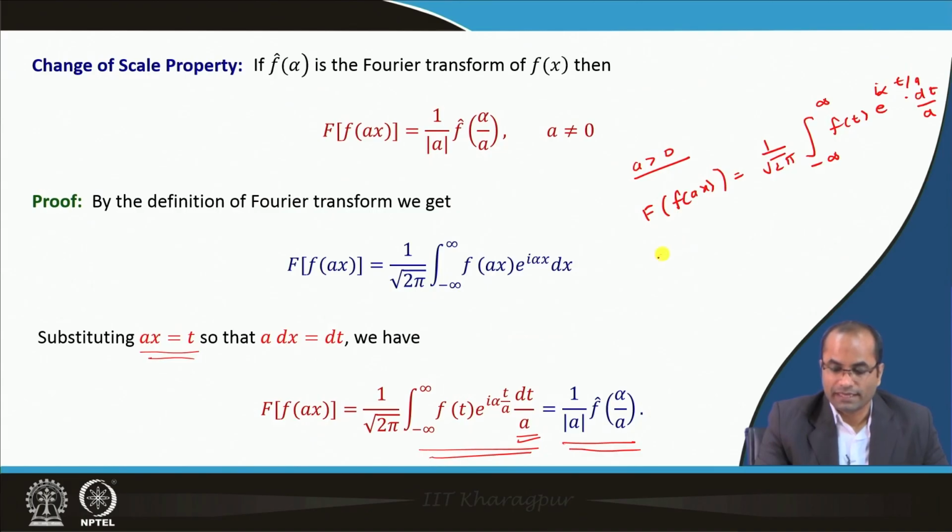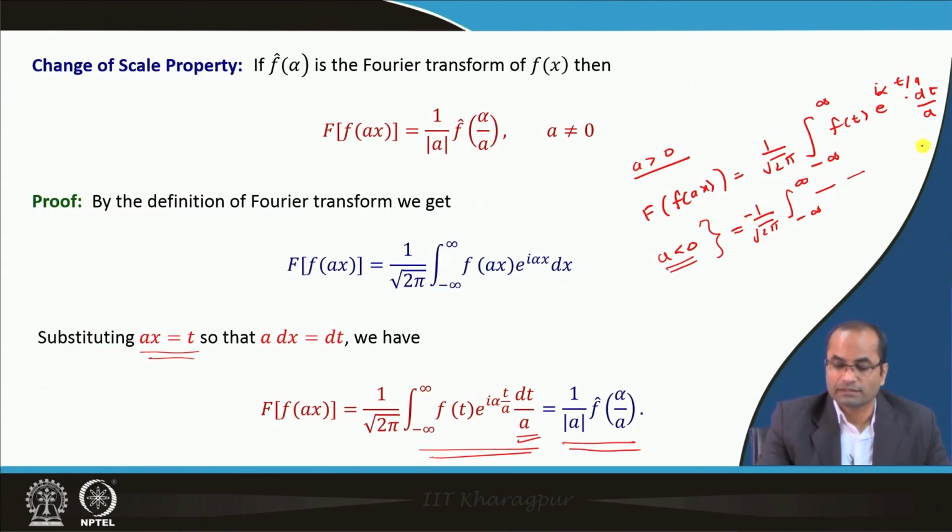But if this a is negative, then what will happen to this integral? Again this factor here, and minus infinity to plus infinity. We will take a minus sign there, again minus infinity to plus infinity, and everything else will be as it is. So in the second case, when a is negative, we have this minus sign appearing.